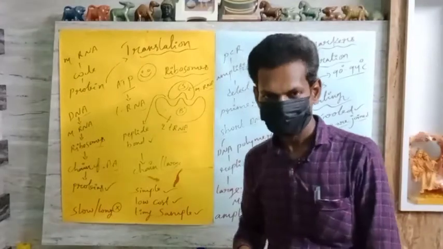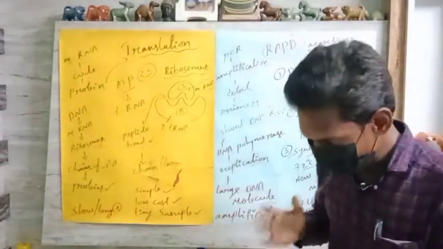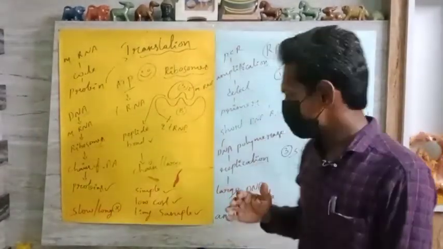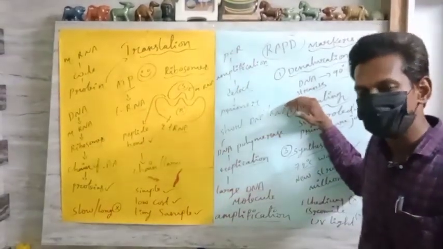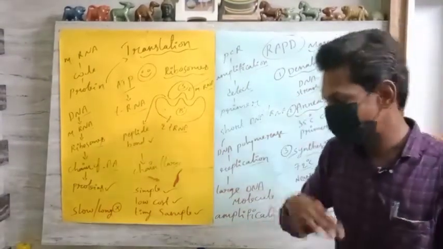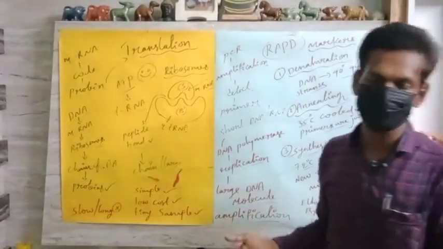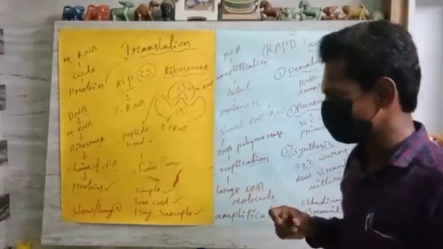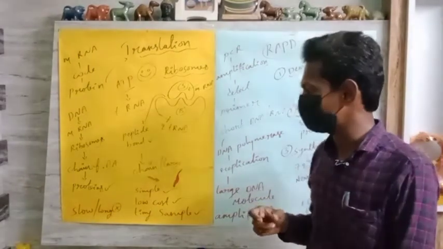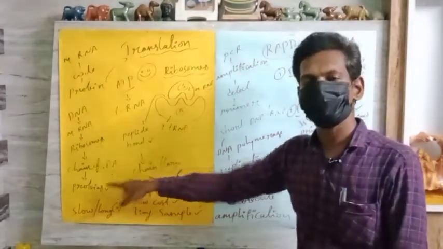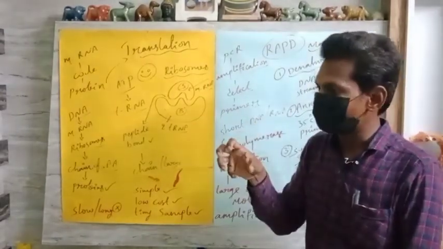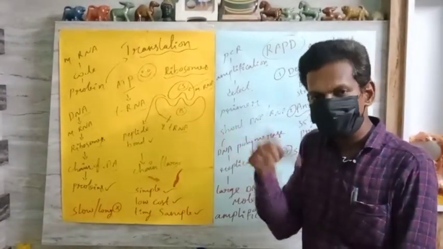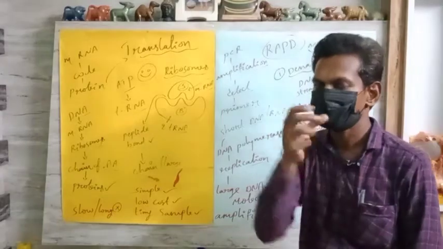Are you clear? The main function of DNA is not transferring characteristics from parents to young ones, generation to generation. That is secondary. The primary function of DNA is synthesizing proteins which are perfect and acceptable to the particular cell in the body.